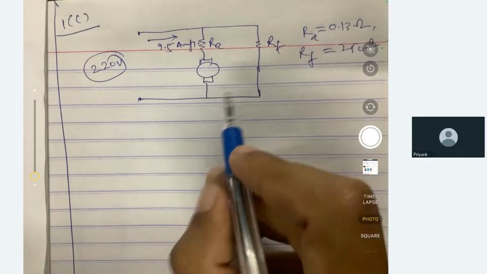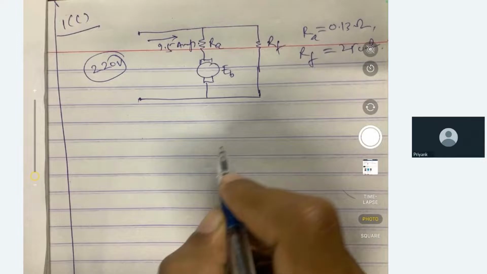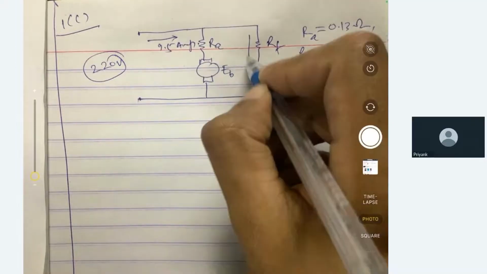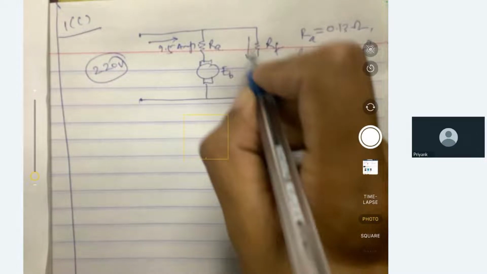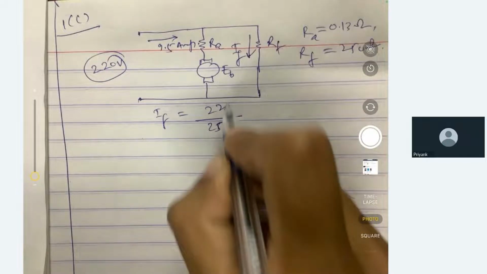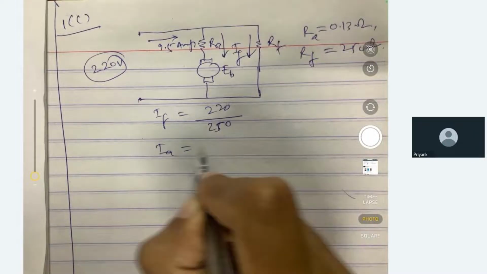So let us first find the back EMF at this condition. The line current is 9.5 ampere. What will be the field current? The field current IF will be 220 divided by RF, which is 250. The armature current IA will be 9.5 minus IF.